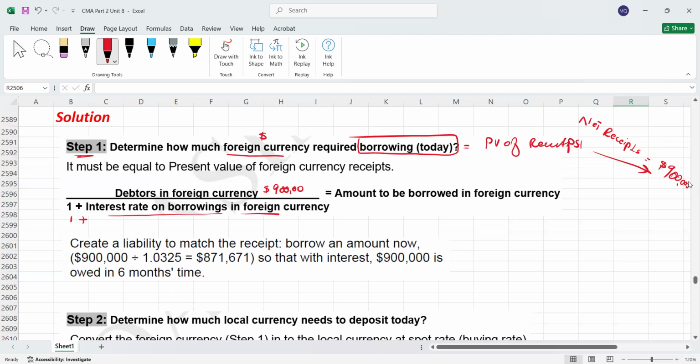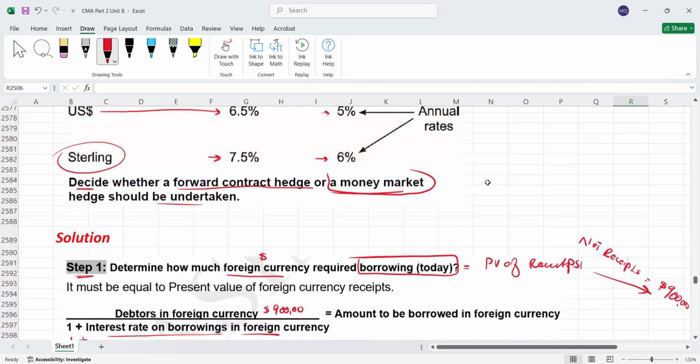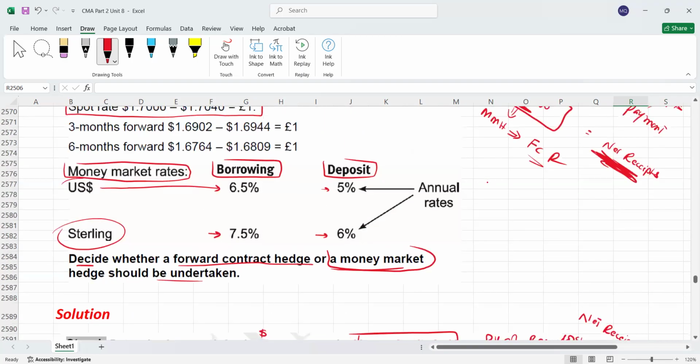So I'll go to the question. You know my foreign currency is dollar, right? I'll go back to the question. I'll go to the dollar. I have to pick borrowing rate, this rate. And by the way, this 6.5% rate is per annum, but I want only for 6 months. So I'll divide with the 6 by 12. So it will give you 3.25%.